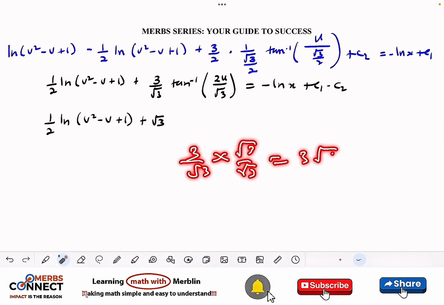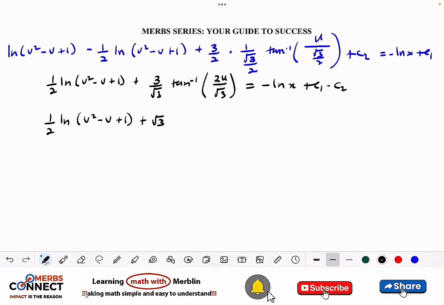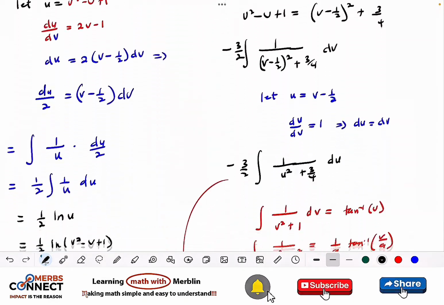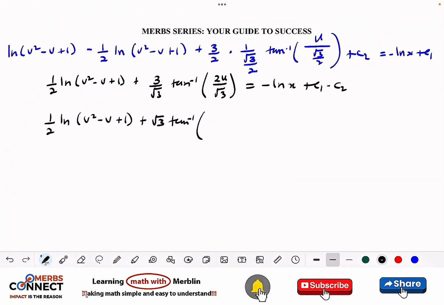This is 3 root 3 divided by 3. Okay, cancel out. So we are getting the same thing as this. So this is tan inverse of, now we said U is the same as Vn minus half. So this is 2 times Vn minus half divided by root 3. Good. This is minus ln x plus c.